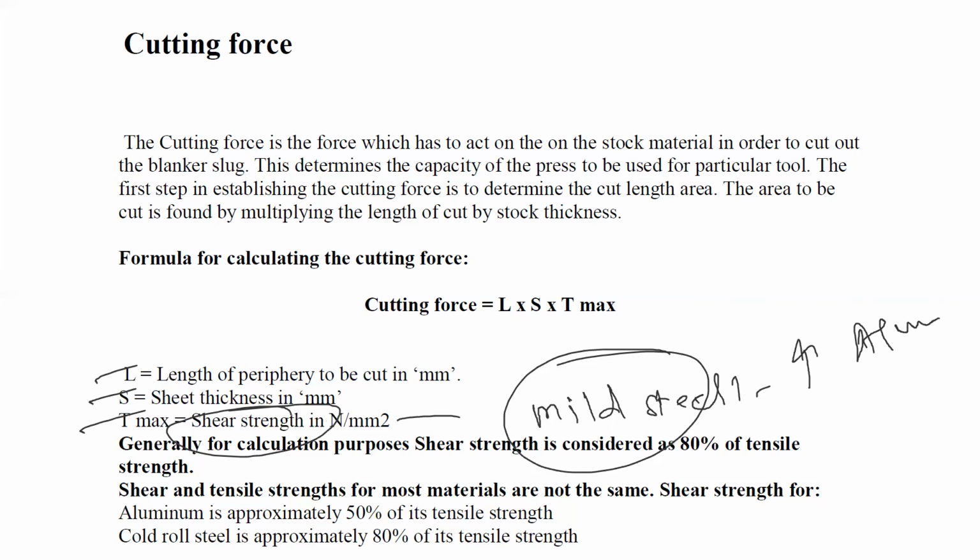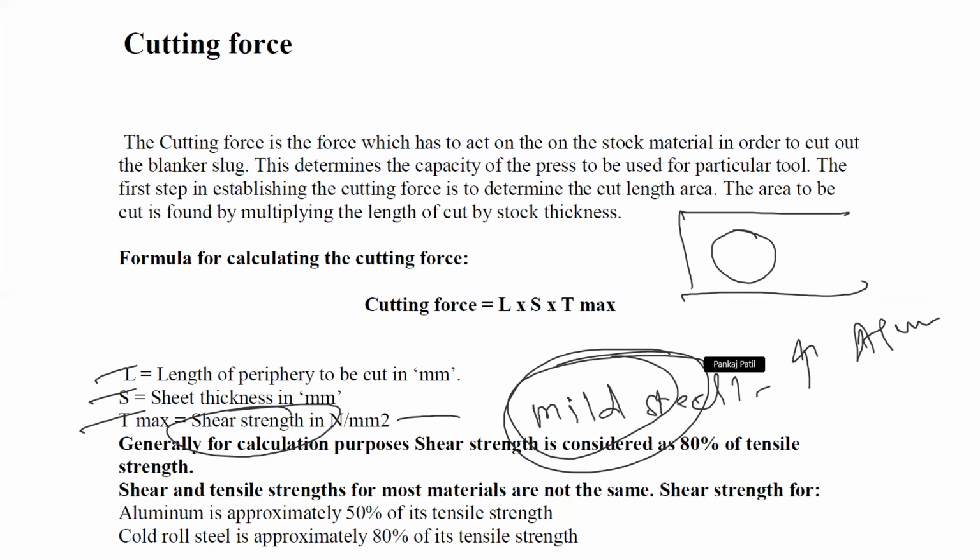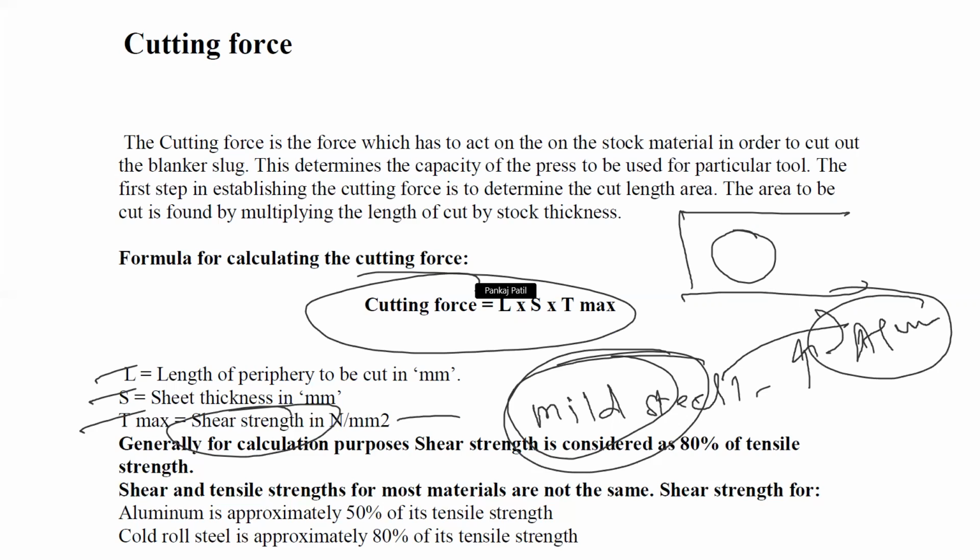So for the same size of peripheral length, for the same sheet thickness, for a given operation, if we change the material from mild steel to aluminum, the cutting force will change. In general, the shear strength for mild steel is around 400 Newton per mm square.